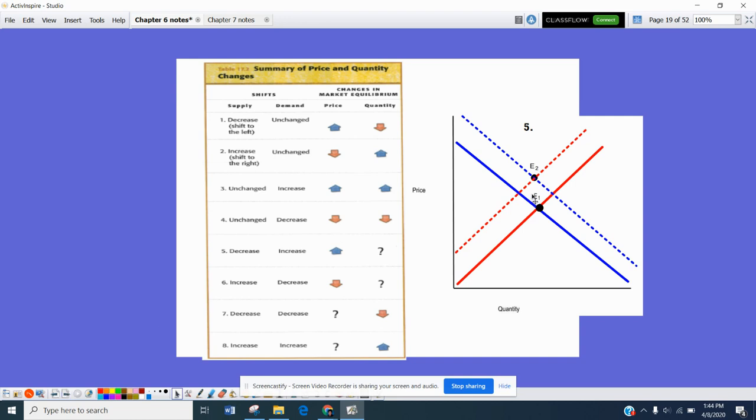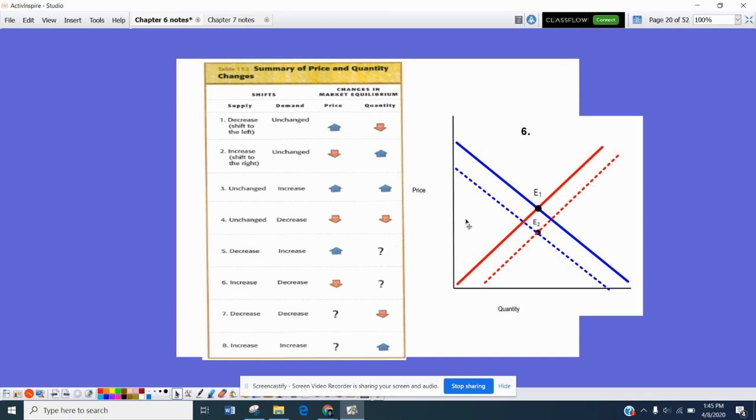Looking at number 5, we have a decrease in our supply, and we have an increase in demand. And what's interesting is how that moves price upward again. So even though we've got some changes here, meaning that we don't have a lot of supply, yet we've got a lot of people wanting a product, price is still going to go up.